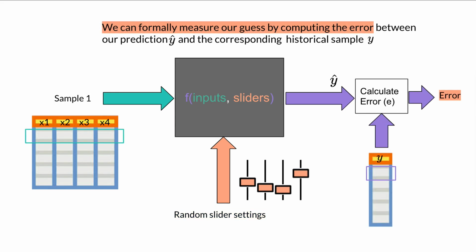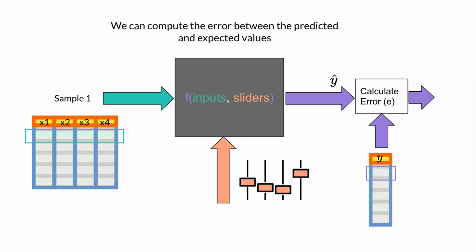So we can formally measure our guess by computing the error between the predicted output and the actual historical output, and we're going to call this an error function. For example, let's say the output that we predict for the first data point is 0.1, where we have fixed this as a probability, so the probability of buying the product here is 0.1 or 10%.